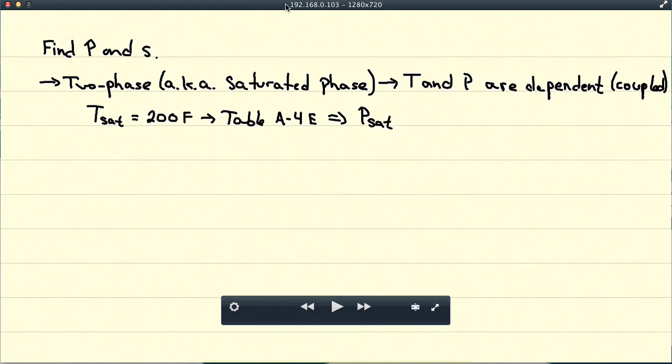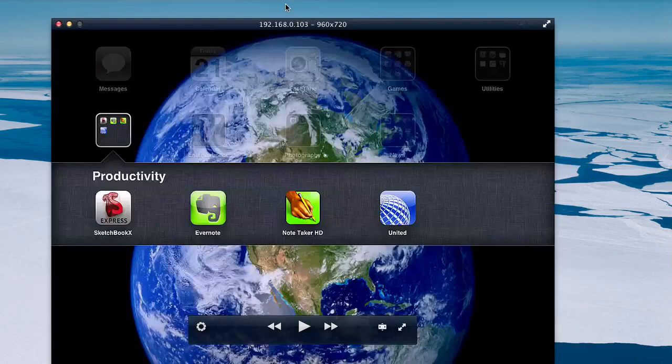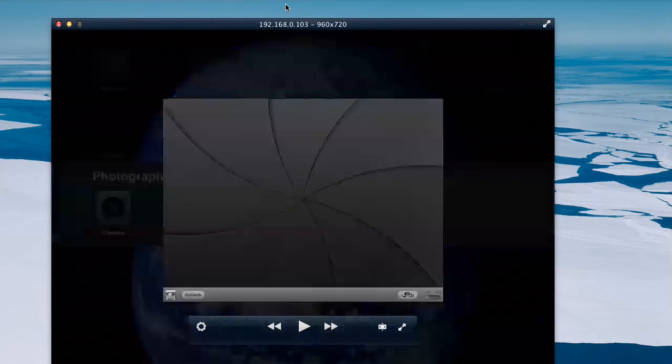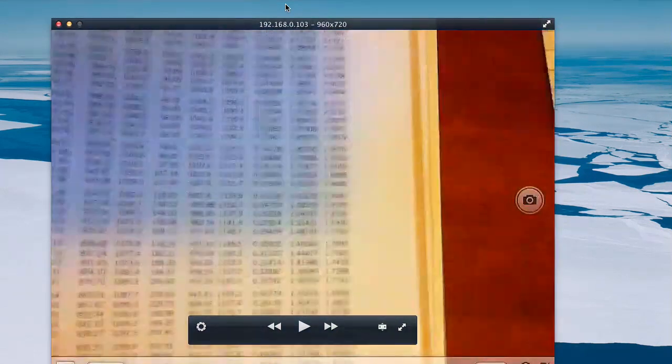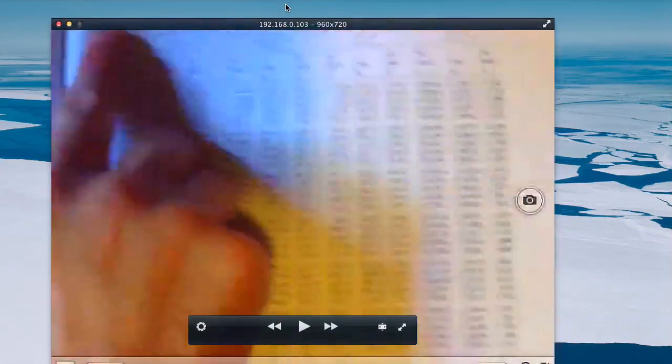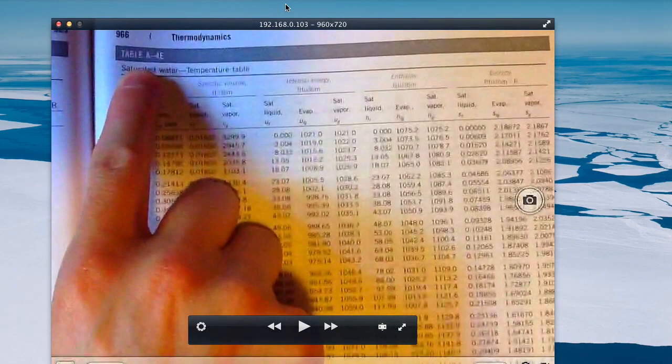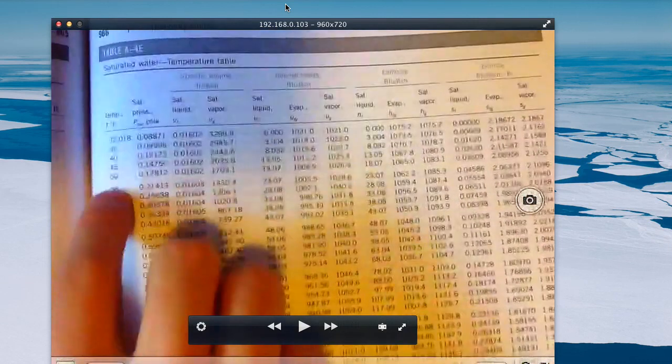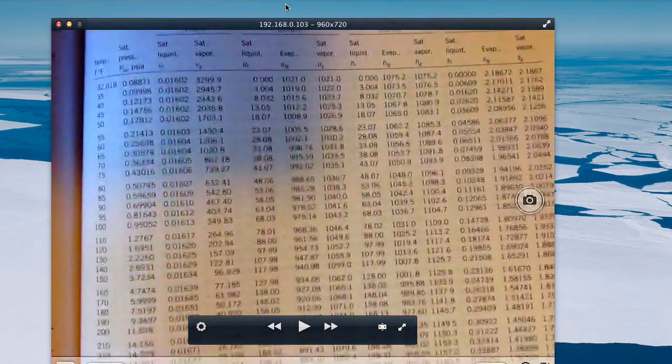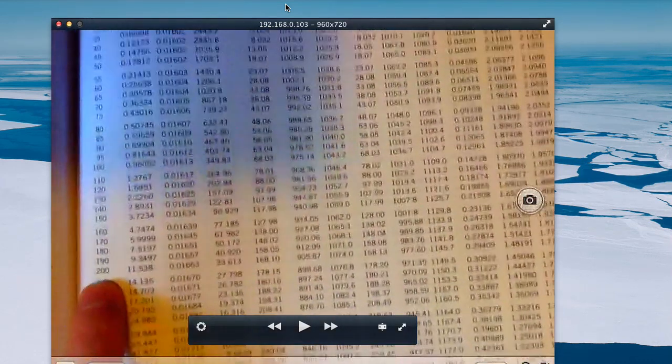So let me show you how you do that. We'll go to table A4E. Okay, so here we are in table A4E. I scroll down until I find 200 degrees Fahrenheit. There it is.